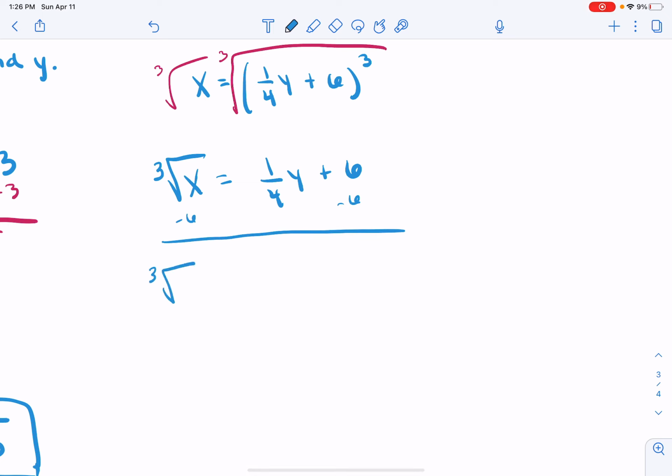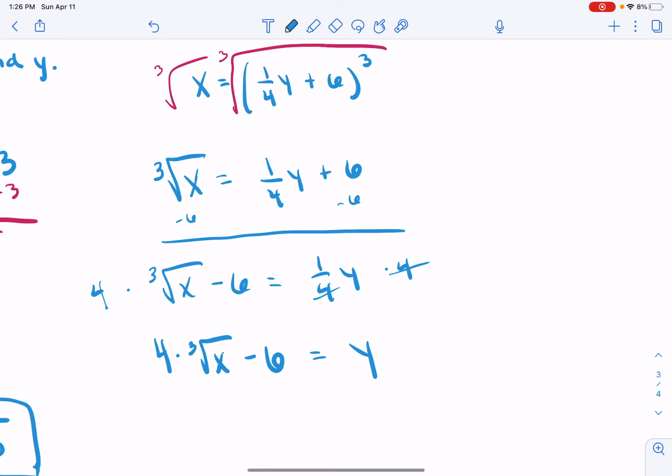So we have the cube root of x minus 6 is equal to 1/4 times y. And then to get rid of the 1/4, I'm going to times by 4 on both sides. So that leaves me with 4 times the cube root of x minus 6 is equal to y. And because we multiplied the 4 to both sides, that means we multiplied it to the whole part. So I'm going to need parentheses here.